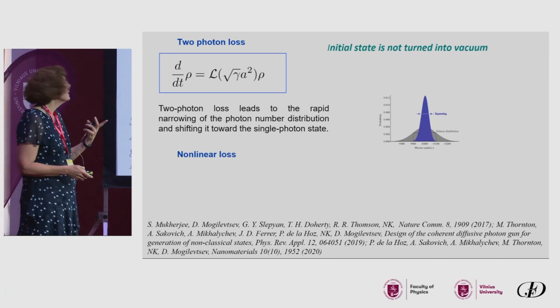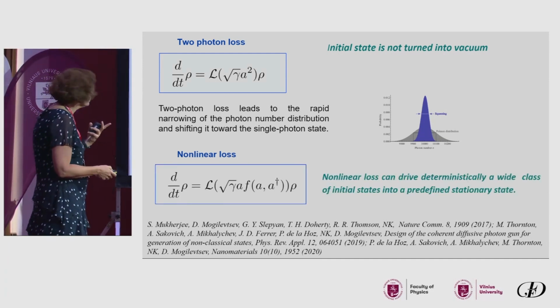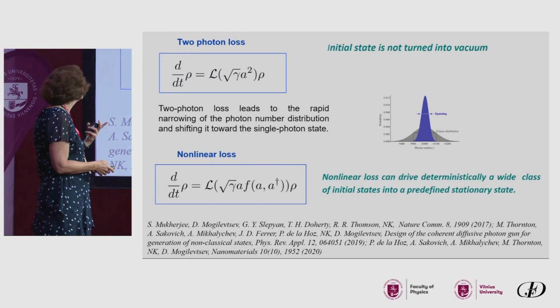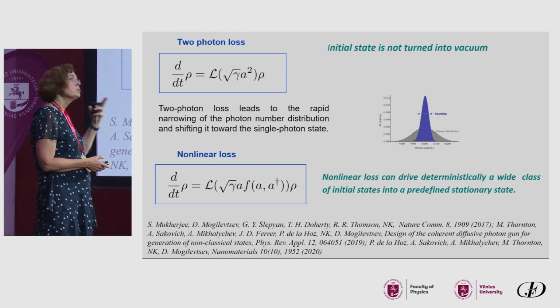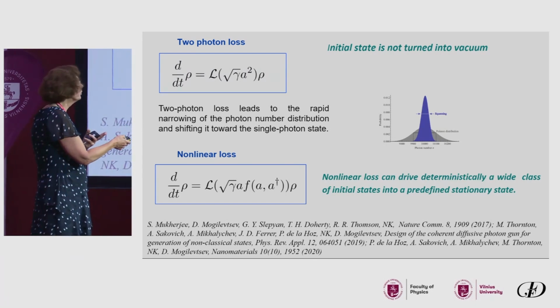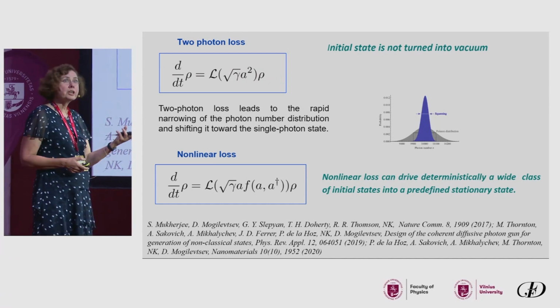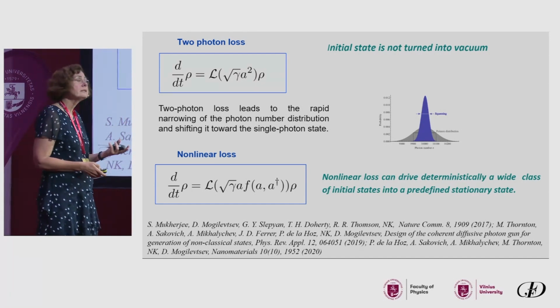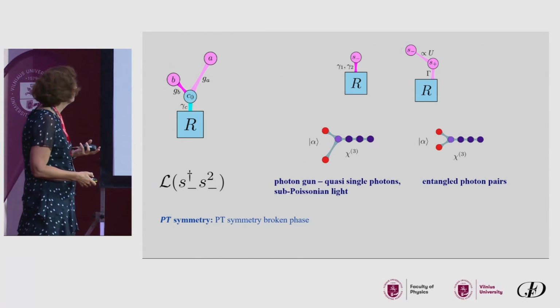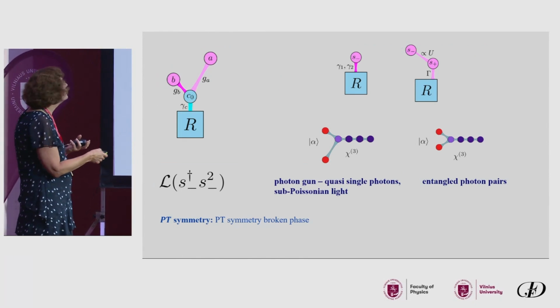Much more interesting is the nonlinear loss. And in case of nonlinear loss, we can get both narrowing of the photon number distribution and generation of photon pairs, depending on how you arrange your system. And we have de facto two types of systems.